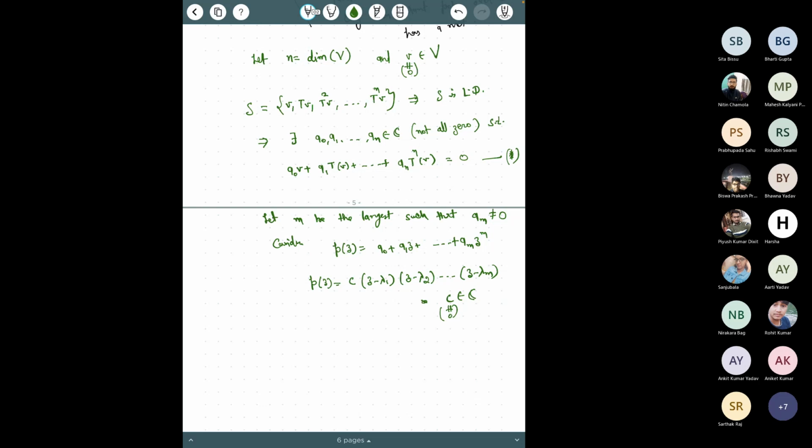But then it is the same as we mentioned, it is P of T. If I find the polynomial in T, then it is C times (T minus lambda 1 I), and so on up to (T minus lambda m I).